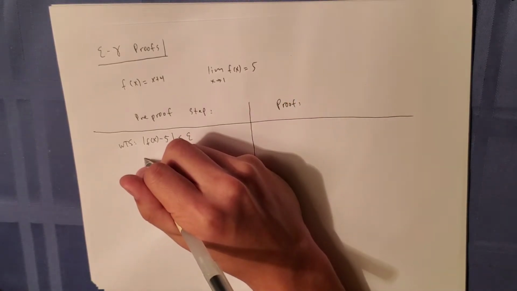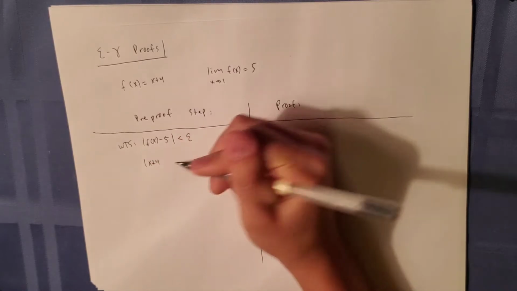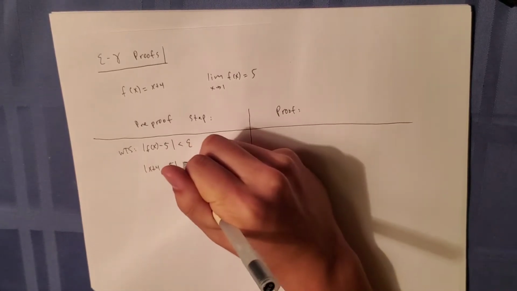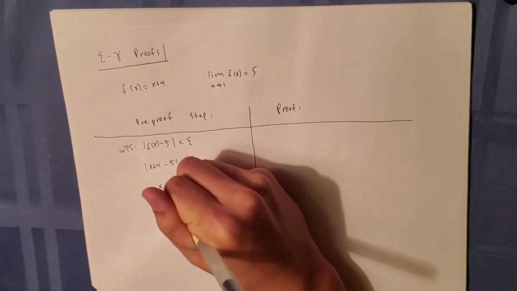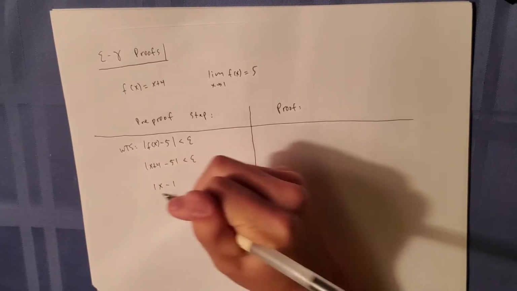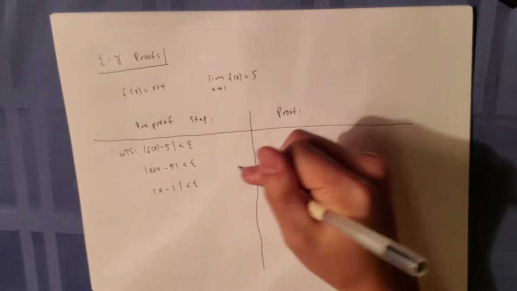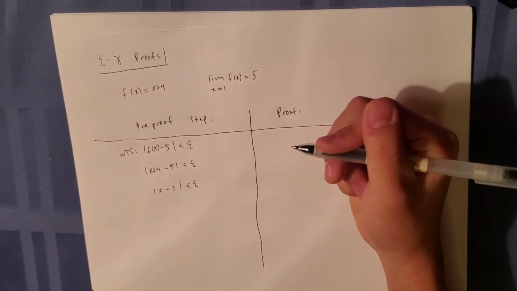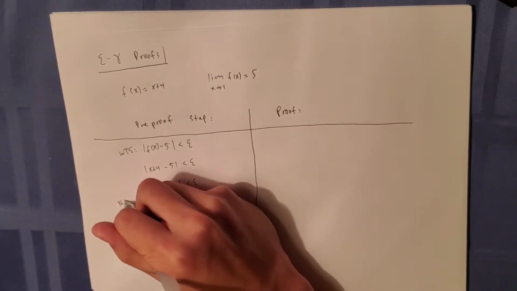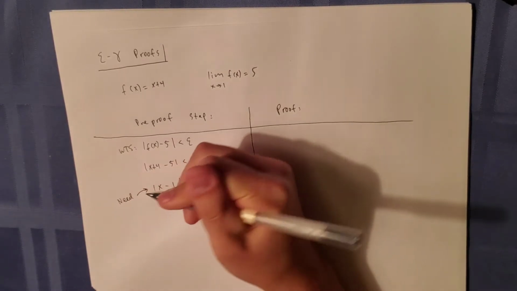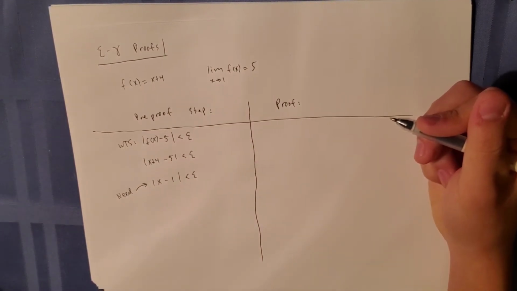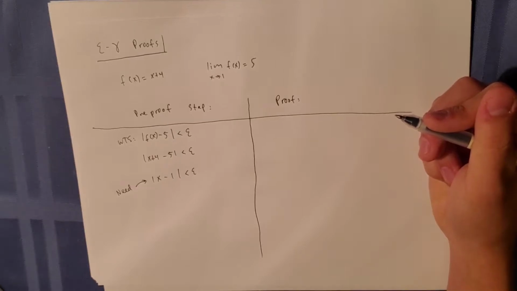Now what's f of x? f of x is x plus 4, and then we can simplify this. So we have the absolute value of x minus 1 is less than epsilon. That's what we want to be able to have. We need this to be true in order to be able to find a delta.